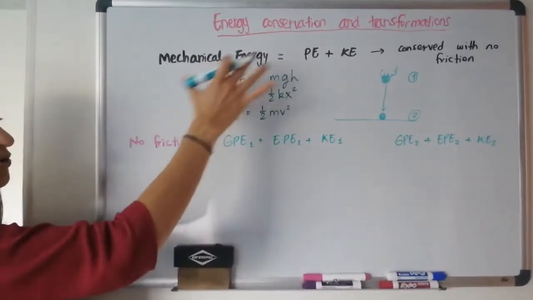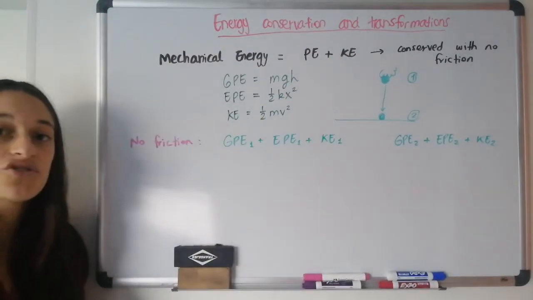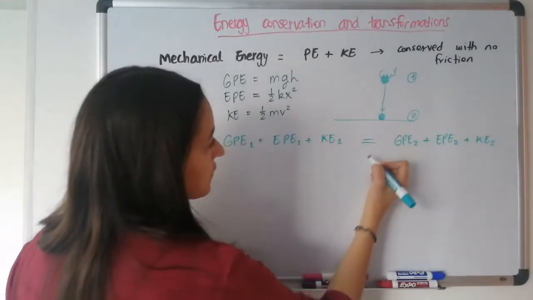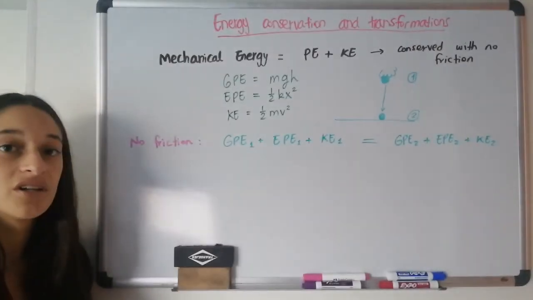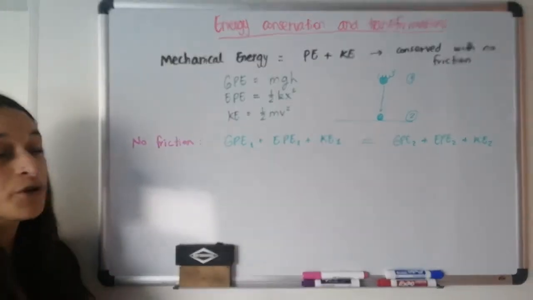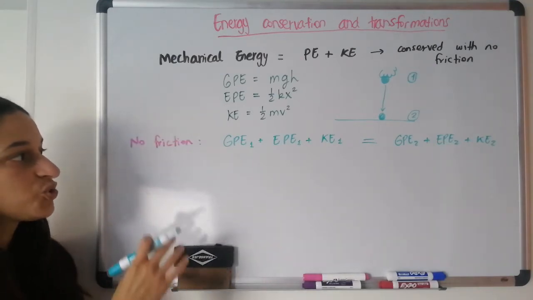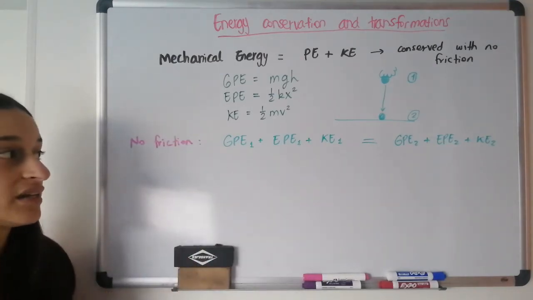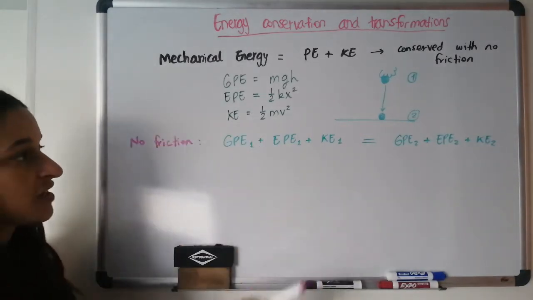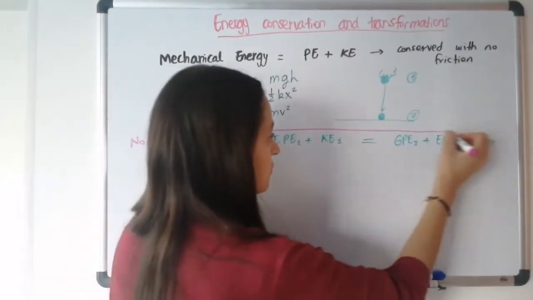And since the total mechanical energy, all of the potential energies and the kinetic energy, is conserved or constant, then these two are going to be equal. So this is what our equation looks like. We can put the formulas inside of the equation if we wanted to plug the values in, but it's not necessary. We can leave it like that so that you know. So this is our first equation, and it's for when there's no friction.